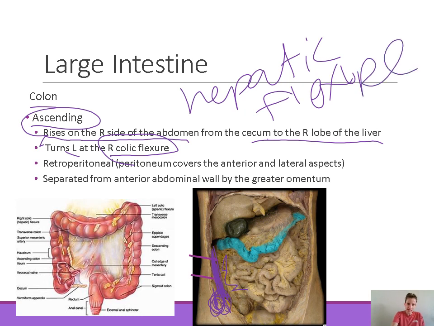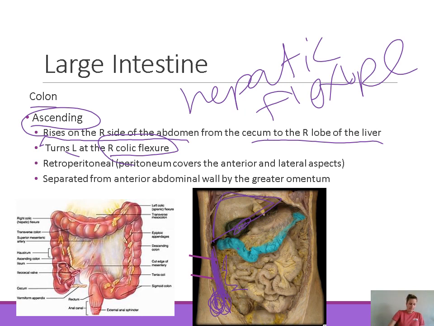So it ascends up until you get to the liver, which if you look at this picture, this up here is the liver. You can see the gallbladder in green underneath. So the colon goes up, flexes anteriorly and medially or left, and then it'll become the transverse colon, which is colored blue on this cadaver image.